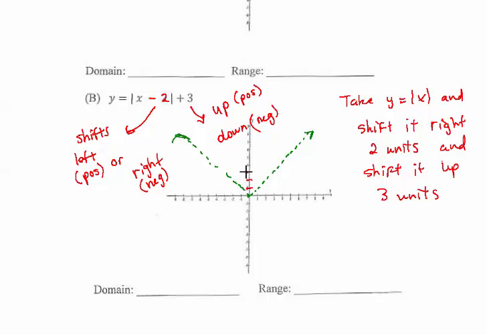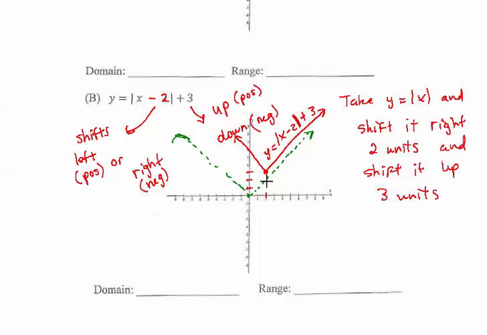I would start at y equal 3 and x equal 2, which is located right there. I would shift it right 2 and up 3. And so this is where my graph should actually be placed. Okay, this is the graph of y equal absolute value of x minus 2 plus 3.